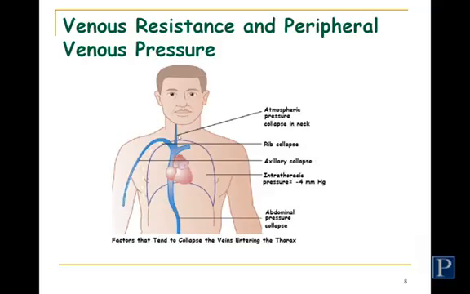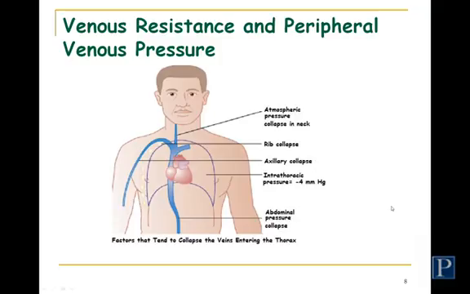It tends to collapse the veins in the neck. You also can get compression in the abdominal veins, especially if you're laying down and you got a lot of weight on top of those veins. So you can get some resistance to flow there. Okay, so we do have some instances of resistance, normally not an issue.